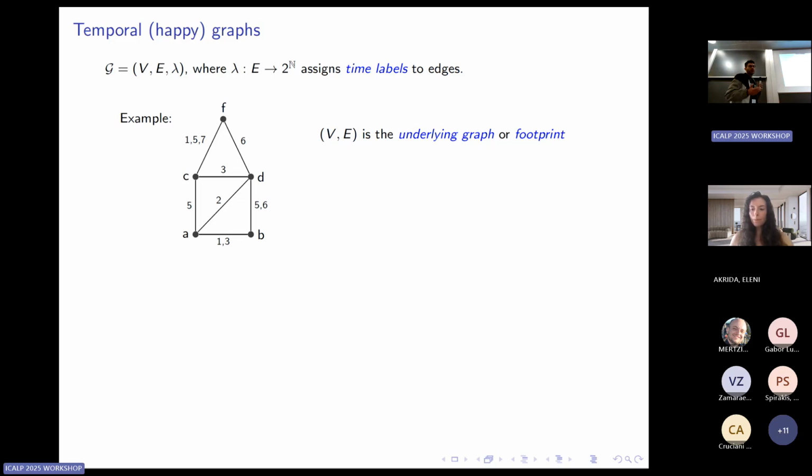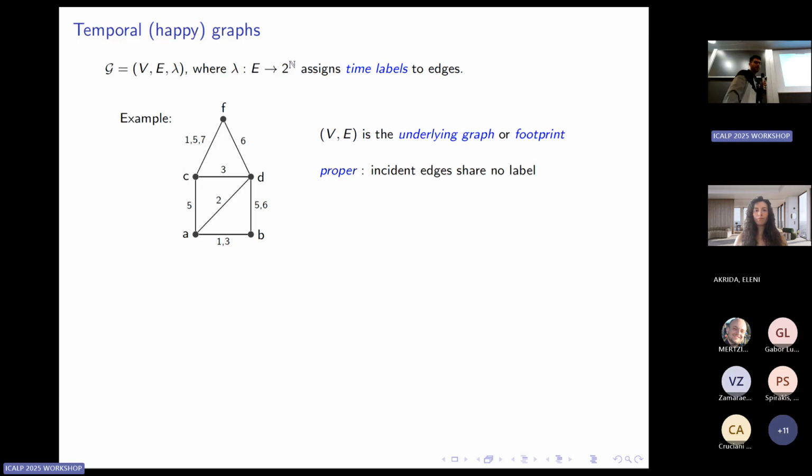Usually we call the static graph the underlying graph or the footprint. And in this paper, we consider proper temporal graphs. This means that two incident edges share no label.